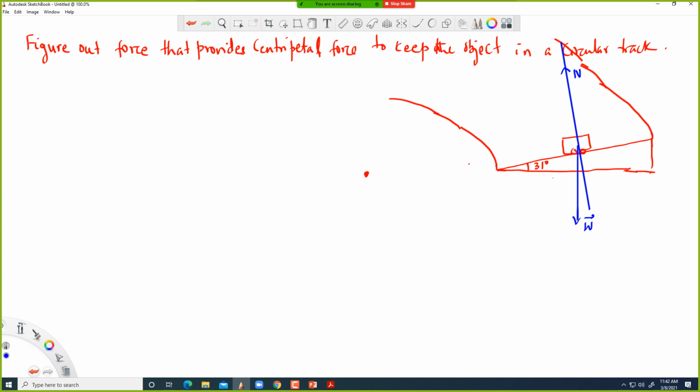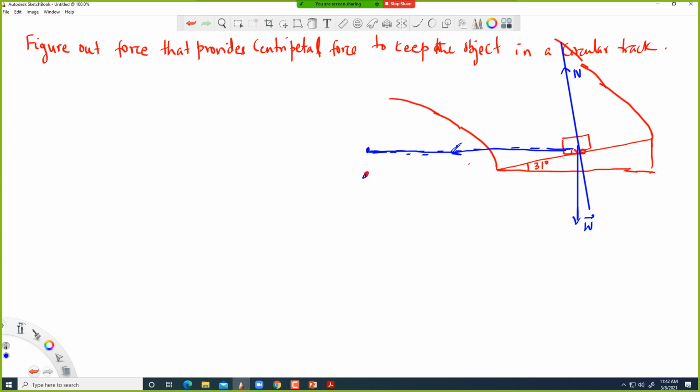There's another kind of force that provides the centripetal force. The center is somewhere here, actually. We want to know what keeps the object on this track, so there must be something pulling this car towards the center. What is that force?